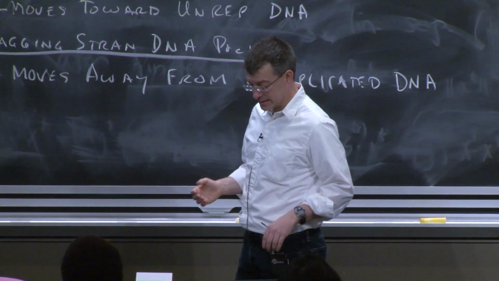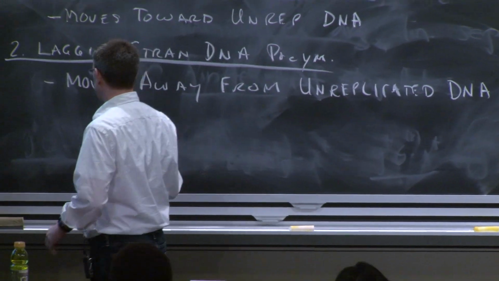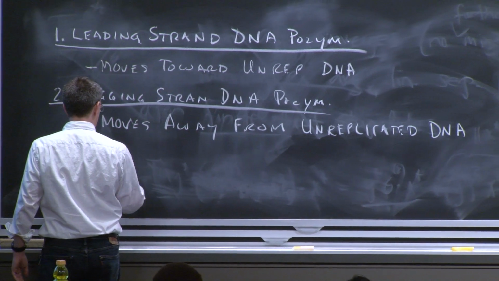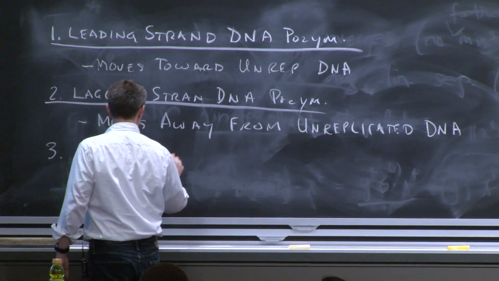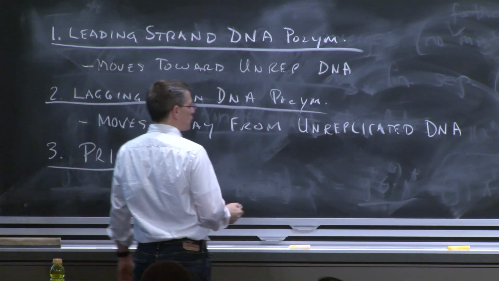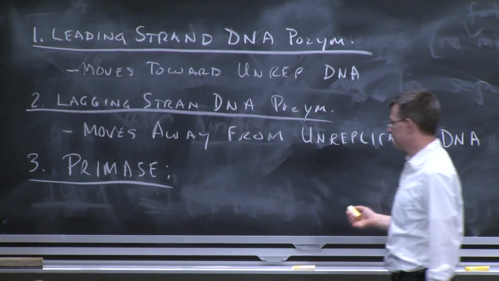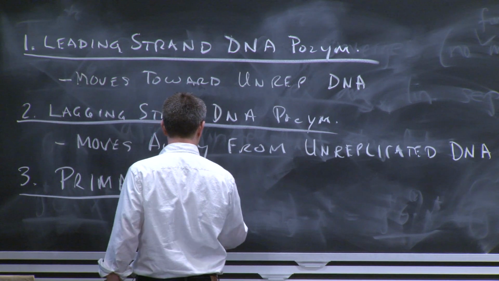Okay, so the next enzyme that's required for both the leading and the lagging strand synthesis is primase. Okay, and primase is actually not a DNA polymerase, but an RNA polymerase. So it's a specialized RNA polymerase.